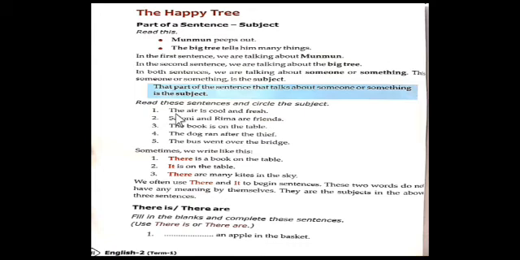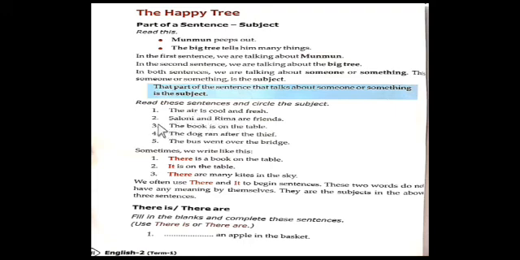Second one, Saloni and Rima are friends. So in this sentence, Saloni and Rima is the subject. So circle the words Saloni and Rima.